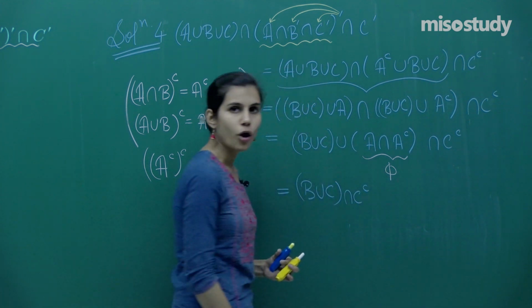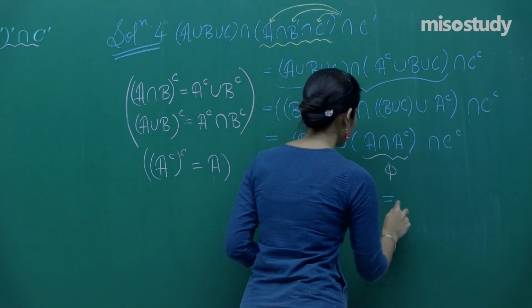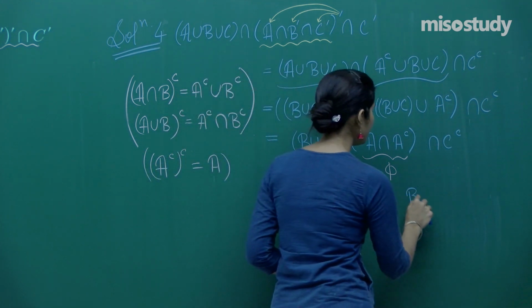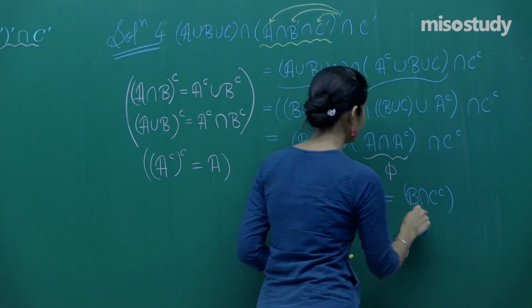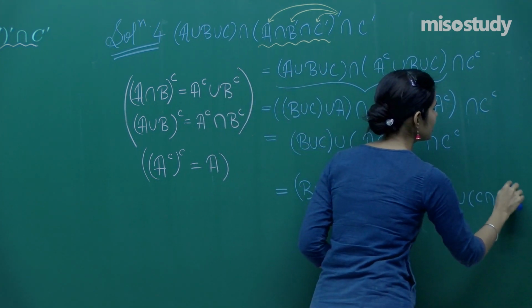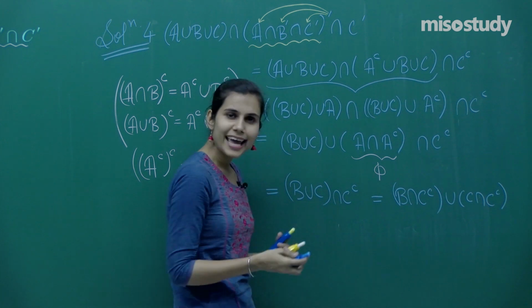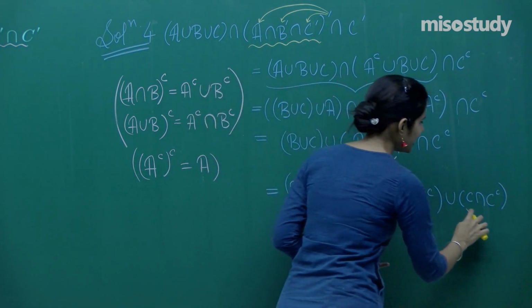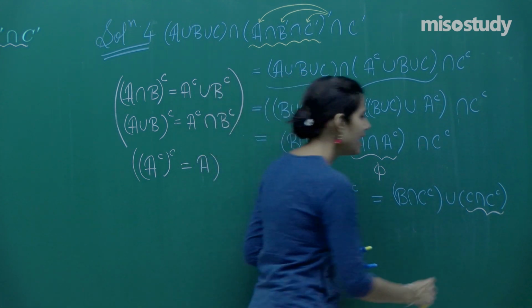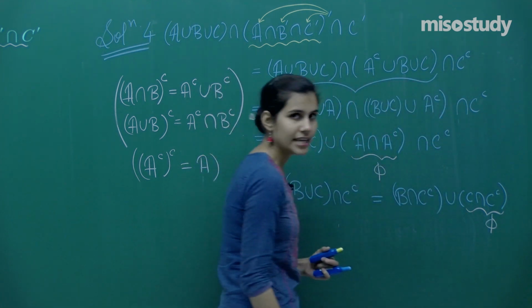intersection C complement. Just again use the distributive laws and open it up. This will be B intersection C complement union C intersection C complement. Again you've got the same picture, C intersection C complement. There is nothing common between them, and this set is empty set.